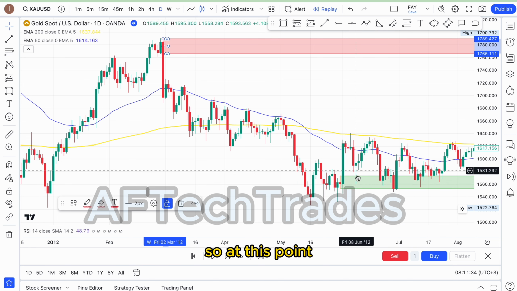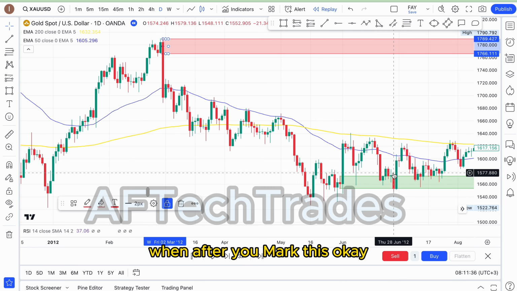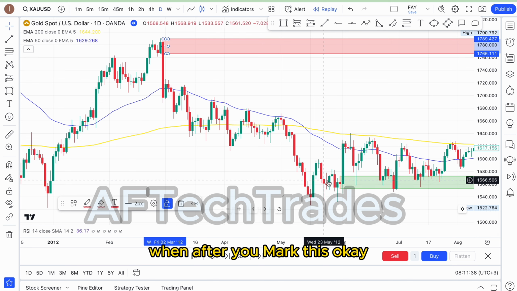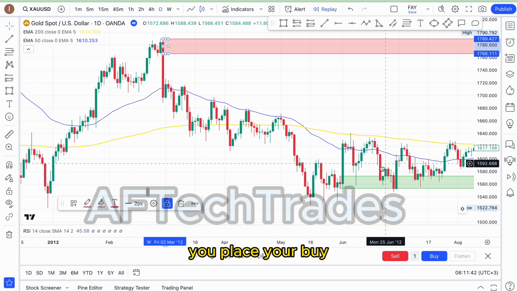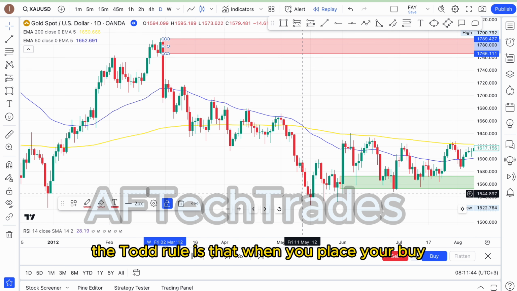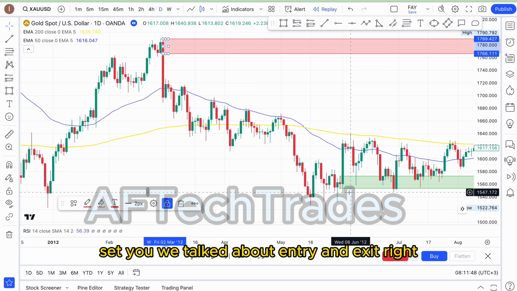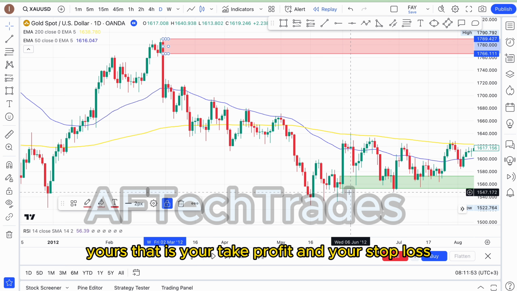So at this entry point, after you mark this, I said when it comes back here, you place your buy. The third rule is that when you place your buy, we talked about entry and exit, right? That is your take profit and your stop loss.